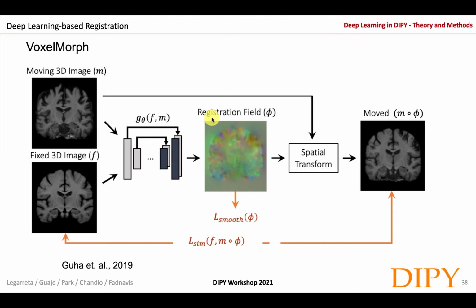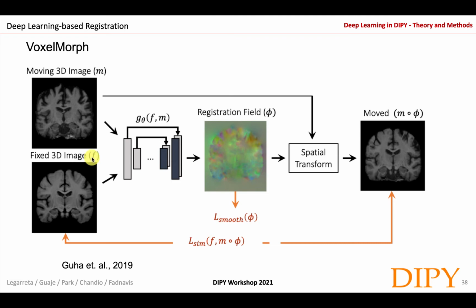Let's look at the overview and architecture of VoxelMorph. Given a moving image M and a fixed or static image, here represented with F, F and M are assumed to be affinely aligned as a pre-processing step, so the only source of misalignment is nonlinear.